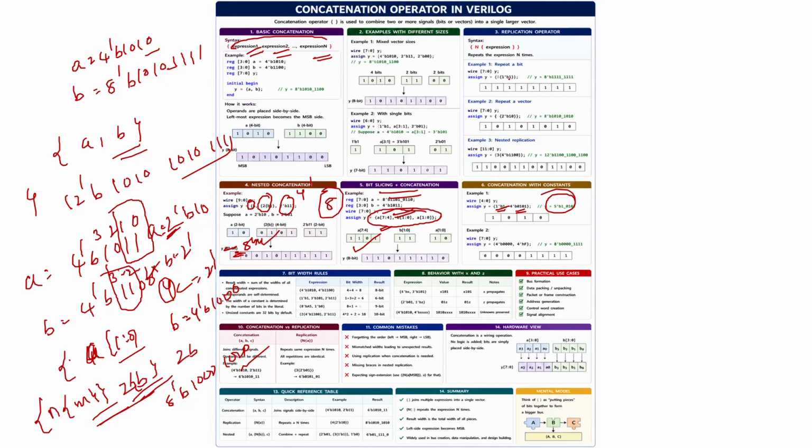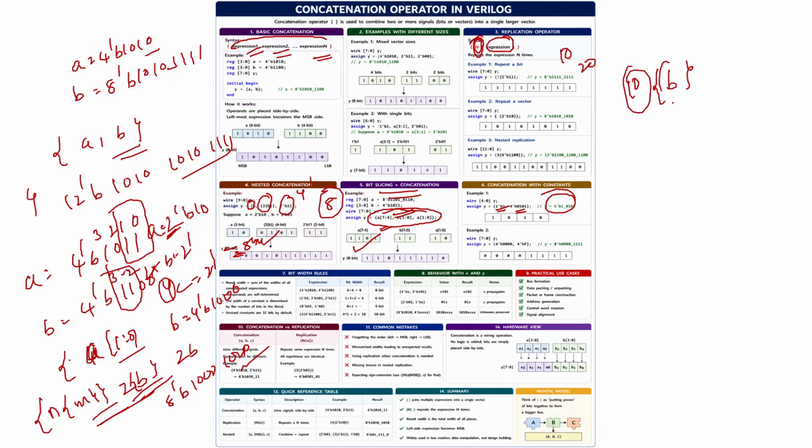So concatenation and replication means this expression, how many times you want to repeat, n number of times I want to repeat it. Okay, so 10 times I want to repeat it, 20 times I want to repeat it. That n outside the bracket is representing how many times you want to repeat your value. That means your b value will be repeating 10 times.